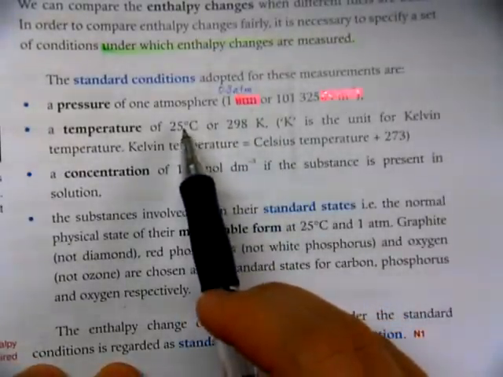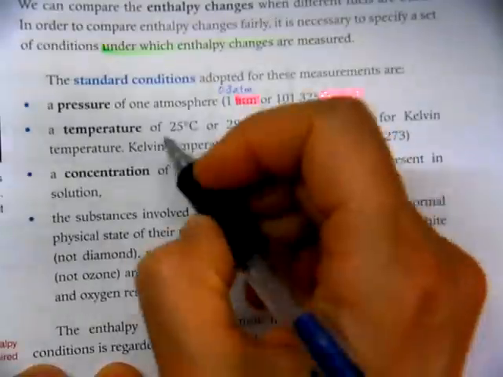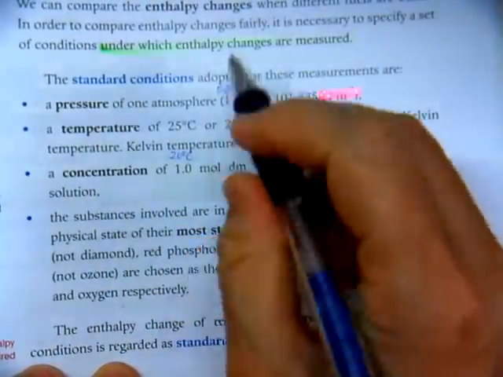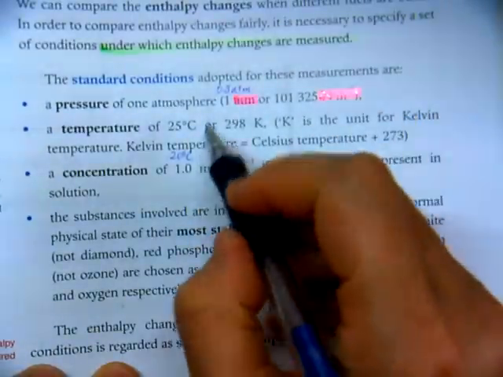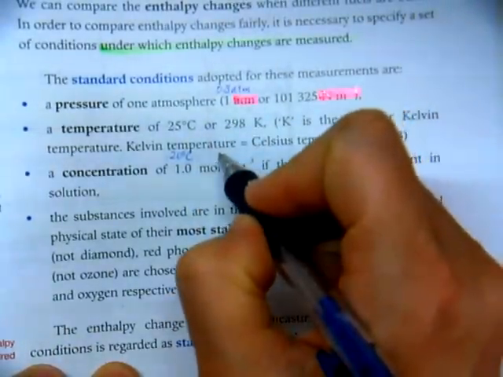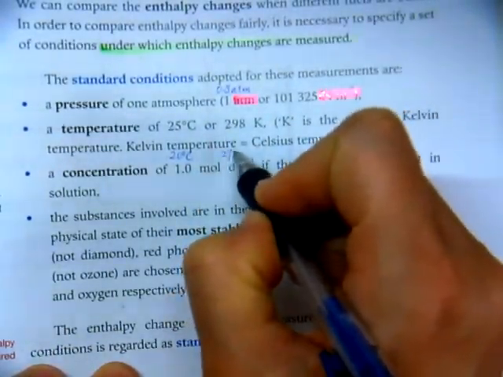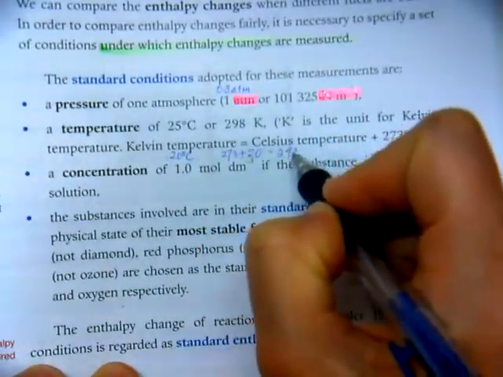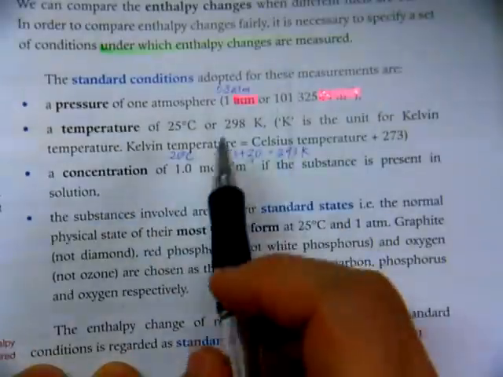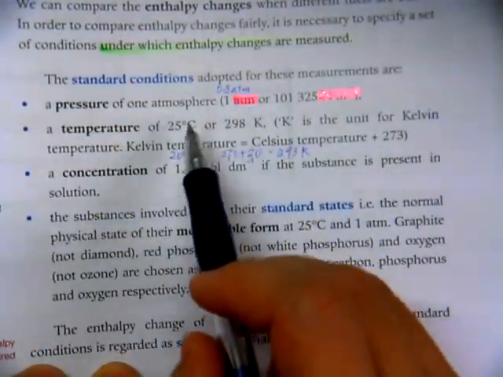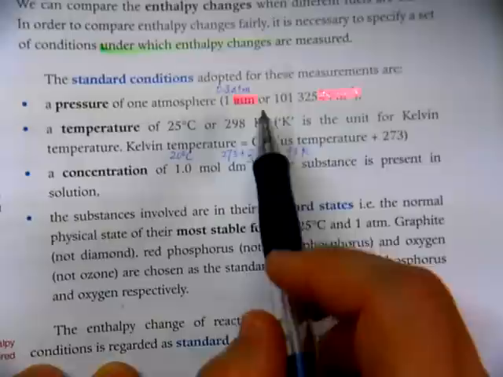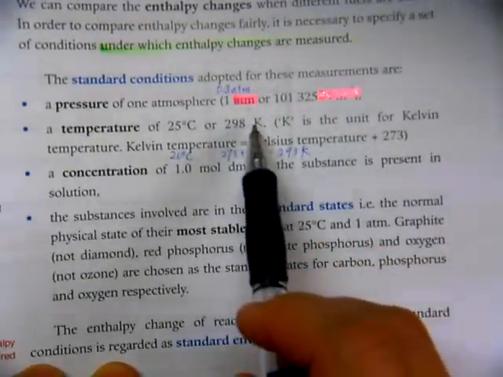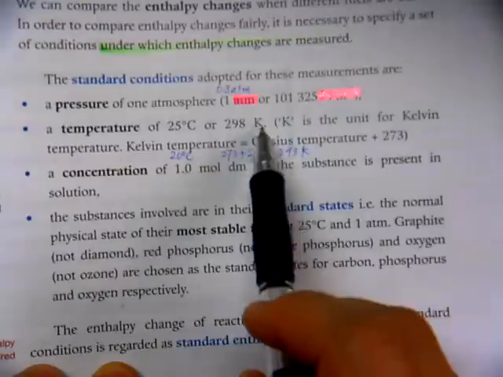Or today is 20 degrees Celsius. If we need to change the unit to Kelvin, it is equal to 273 plus 20, which is 293 Kelvin. Understand the interconversion between these two units, degrees Celsius and Kelvin. In calculation, we often need temperature expressed in Kelvin.